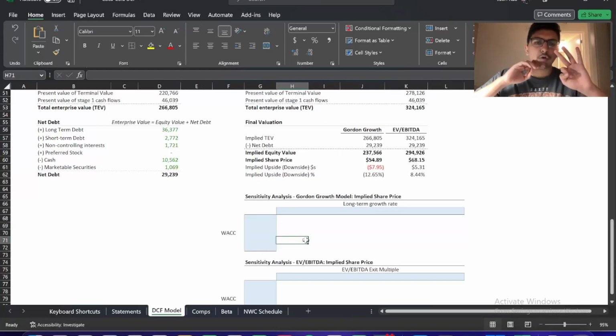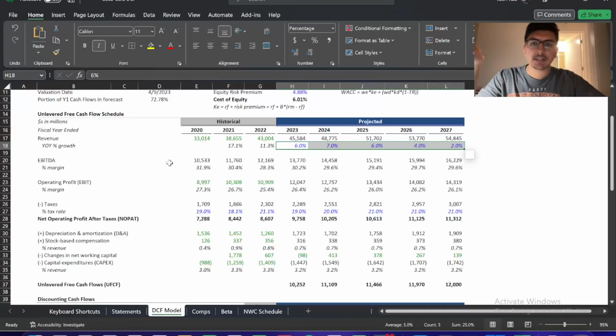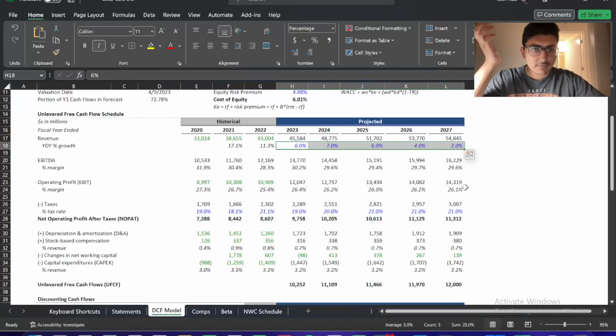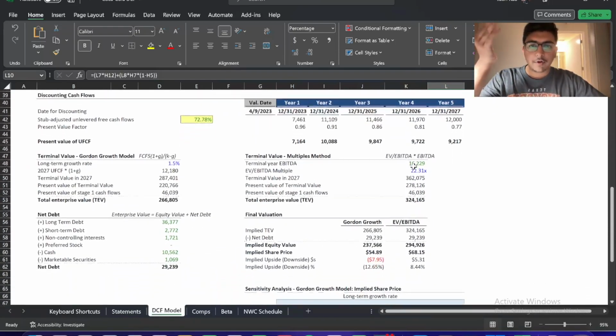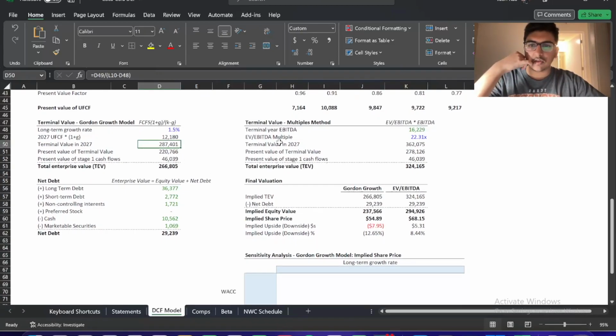The three most important factors in a DCF, if you remember, are first, your revenue projections. This is important because almost everything in your free cash flow model is based on your revenue projections for the future. The second is your WACC. What assumptions did you use for your WACC and what is the actual WACC value in and of itself? And the third driver of the value in your DCF model is your terminal value assumption, those being your long-term growth rate or your EV to EBITDA multiple.